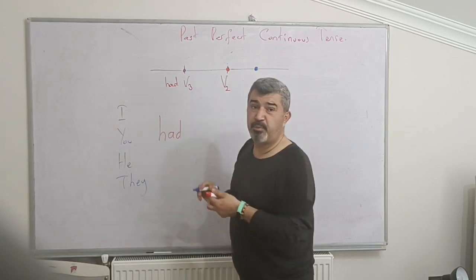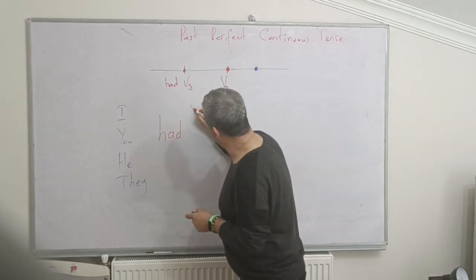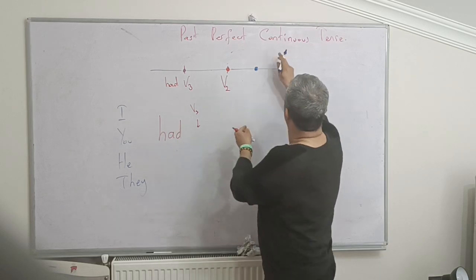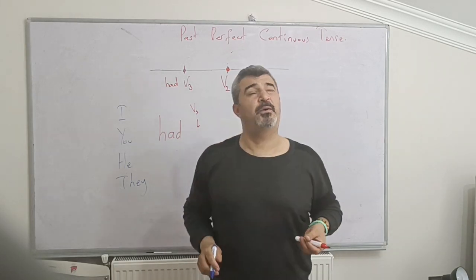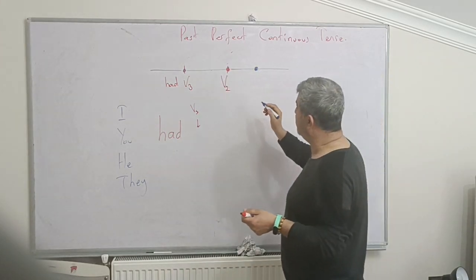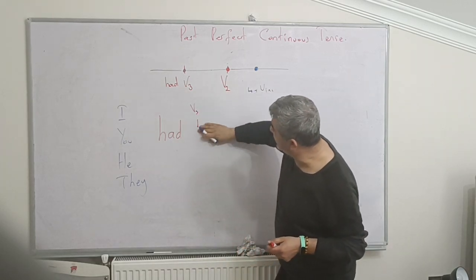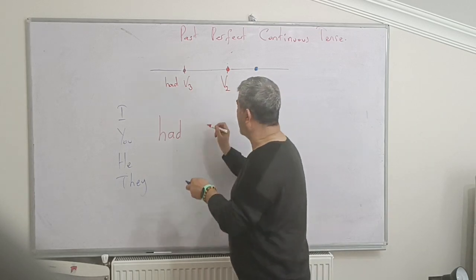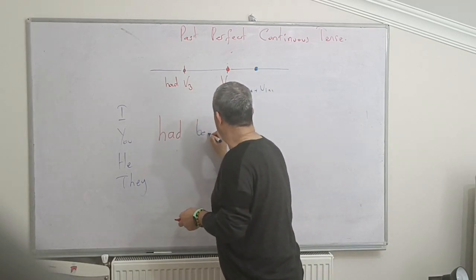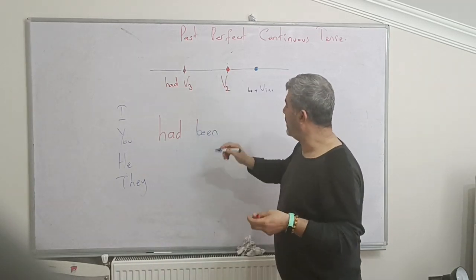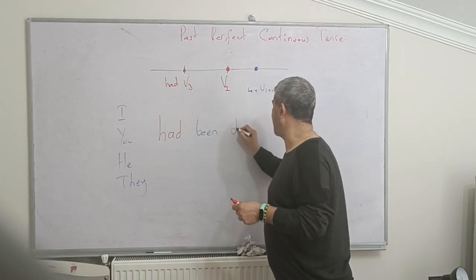In past perfect tense, we use the third form of the verb, but we will use continuous. What is the formula of continuous? It is be plus ing. So I have to use the third form of be, had been and verb ing. I had been driving.